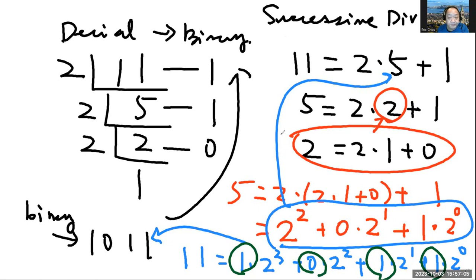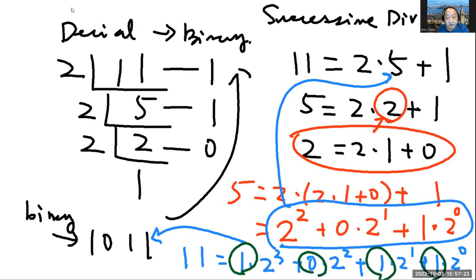Any questions so far? No. This one you have to remember. In the AP, they need you to convert some number into binary for sure.